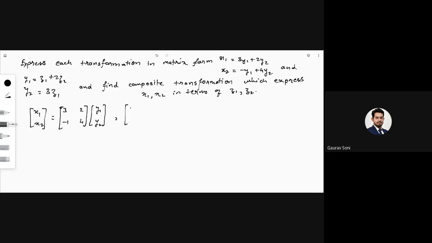The other one, y1, y2 is equal to the matrix 1, 2, 3, 0, and you have z1, z2.